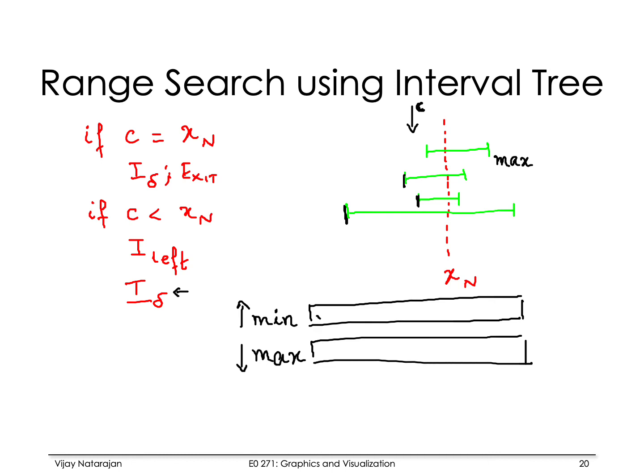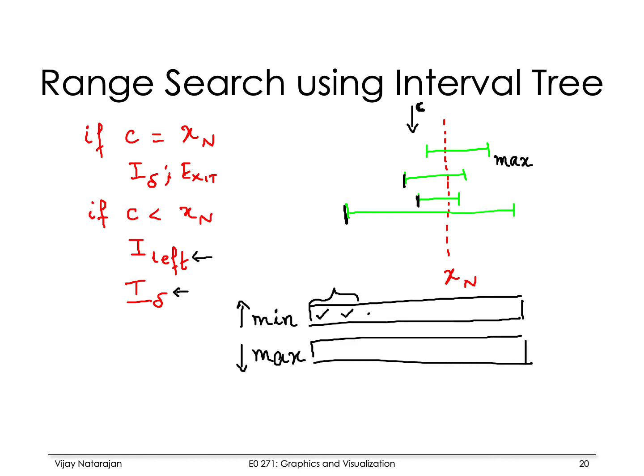So I essentially continue traversing the min array until I hit a value which is greater than C, and I report all these intervals as isosurface cells. So this is how I process I sub delta.